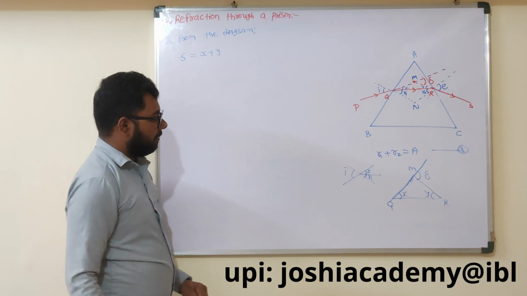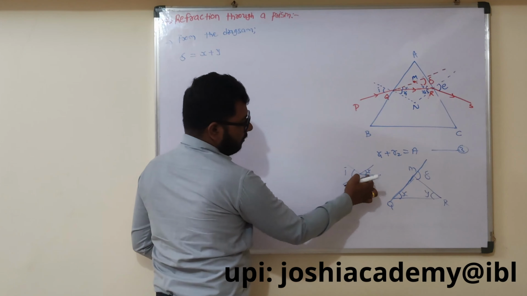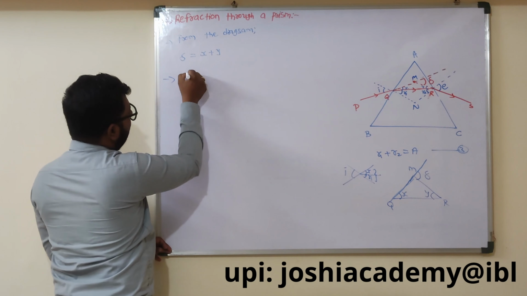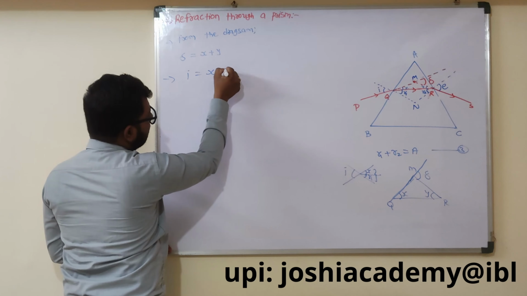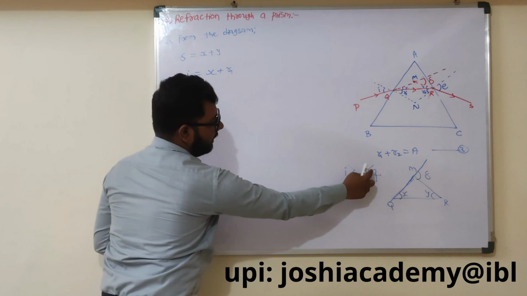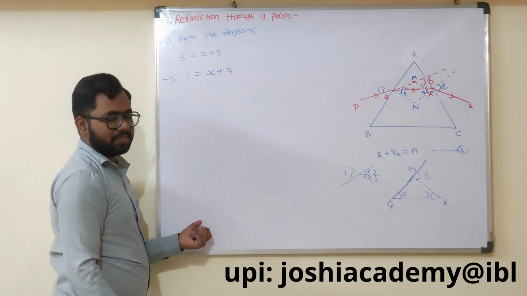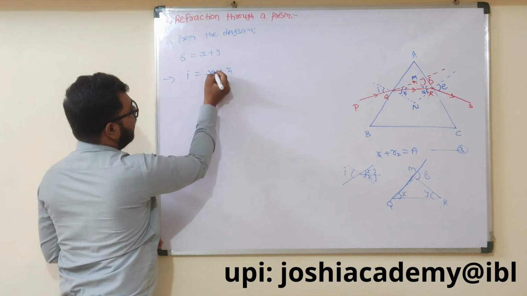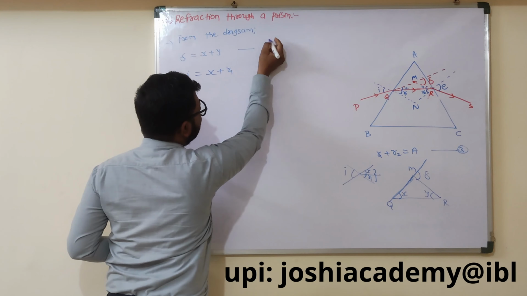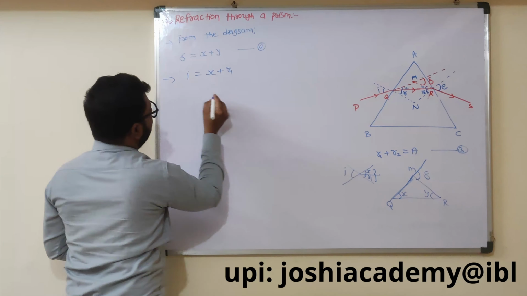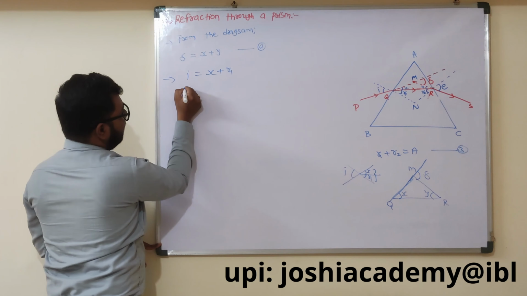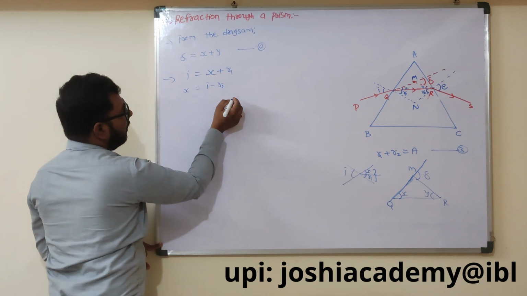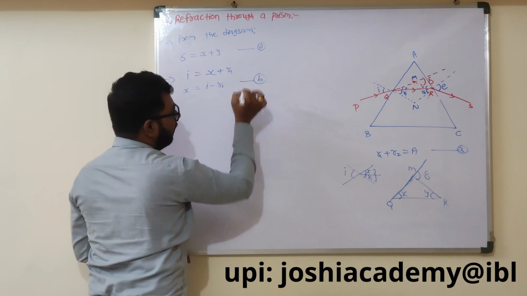So from the opposite angles, we know that i is equal to the summation of these two angles. So let it be i is equal to x plus r1. Right? This is the x, this is the r1. The summation of x plus r1 will be equal to i, but we don't have the x over here. Let us consider this as equation number A. By subtracting r1, we are getting x is equal to i minus r1. Let it be equation number B.